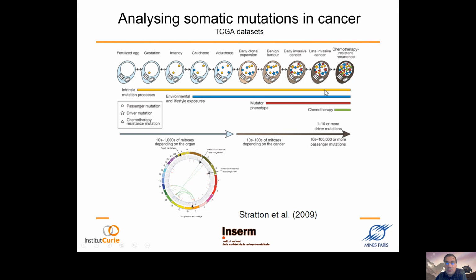And at each stage of this hypothetical cancer progression, the number of mutations accumulated during each cell division increases by some orders of magnitude. So this is a simplified representation of the process of accumulated somatic mutations.